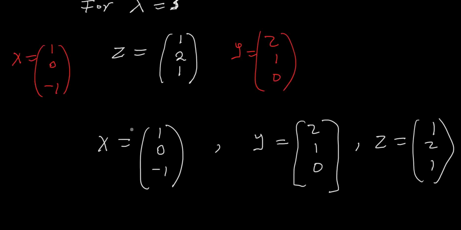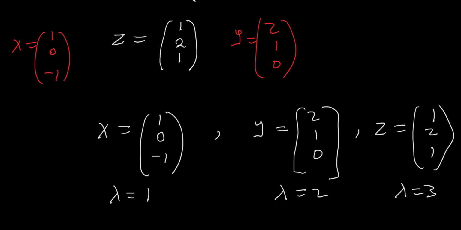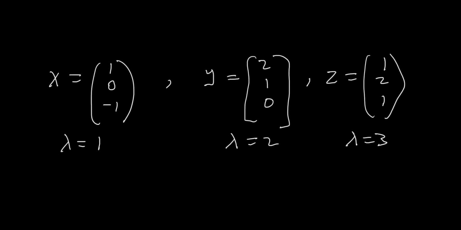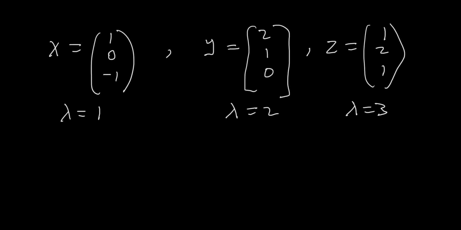So this corresponds to lambda equals 1, this corresponds to lambda equals 2, and this corresponds to lambda equals 3. We can clean this up. So these are the eigenvectors for this question, and I hope it makes some sense.